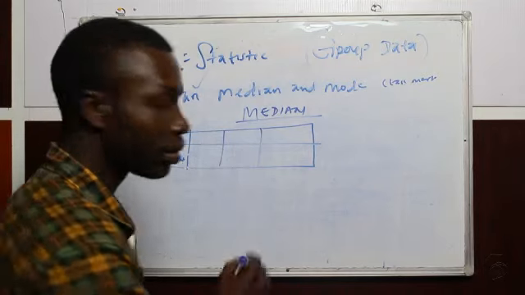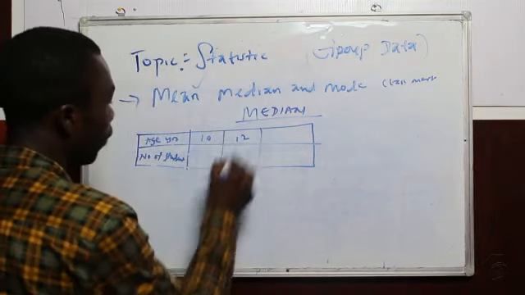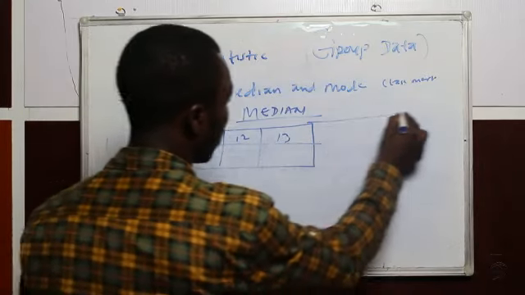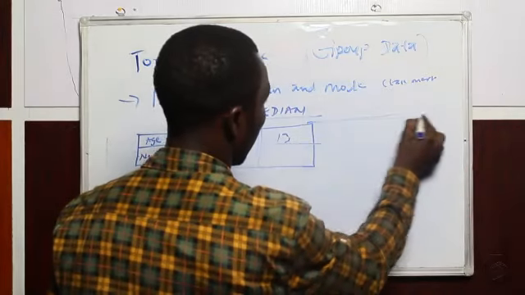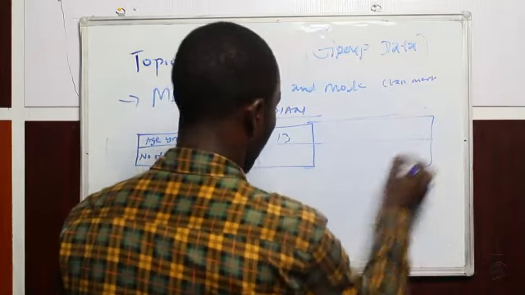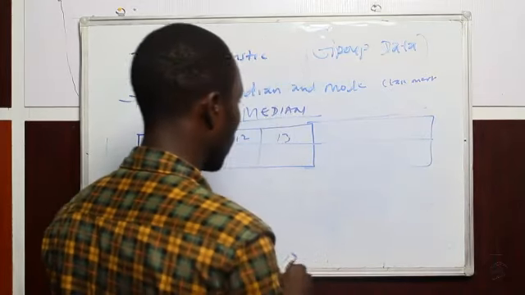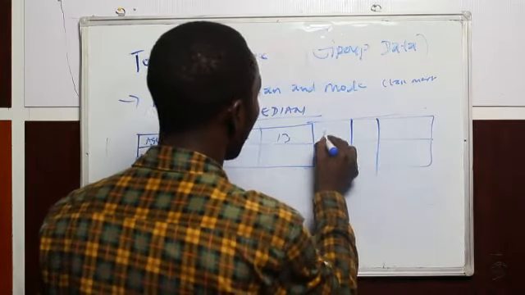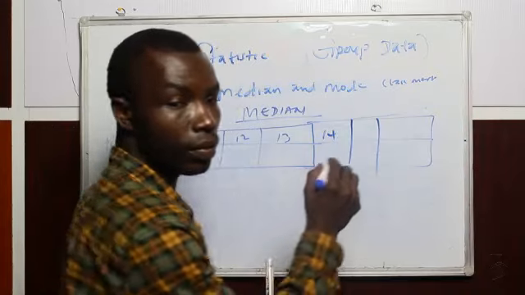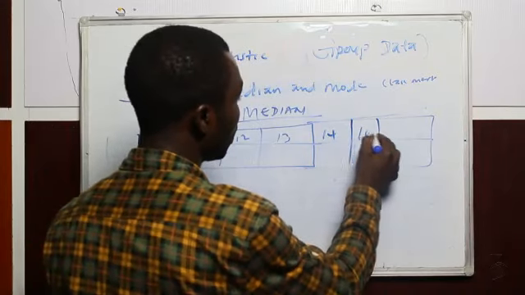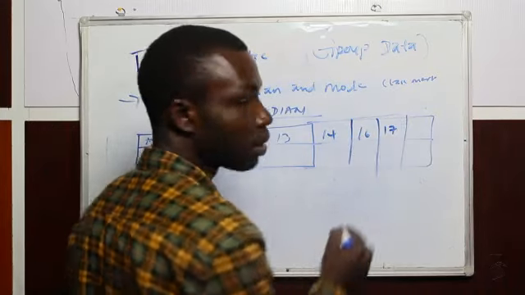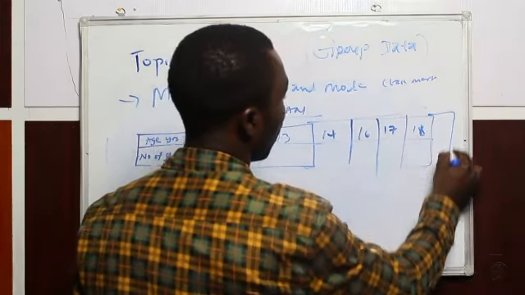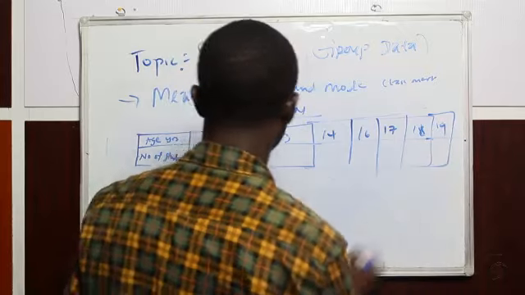Here we have ages 10, 12, 13, 14, 16, 17, 18, and 19.